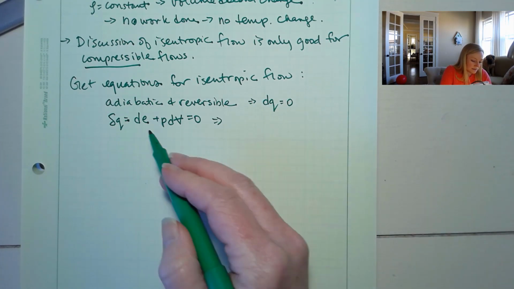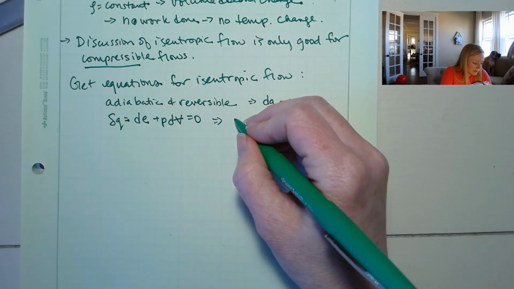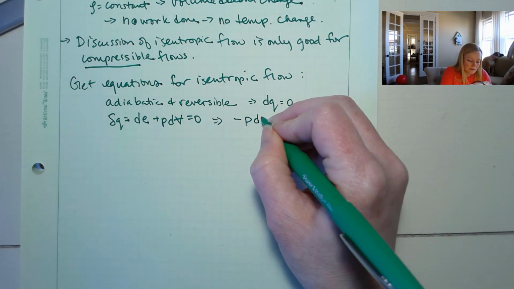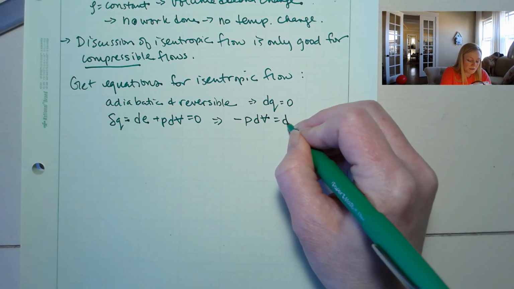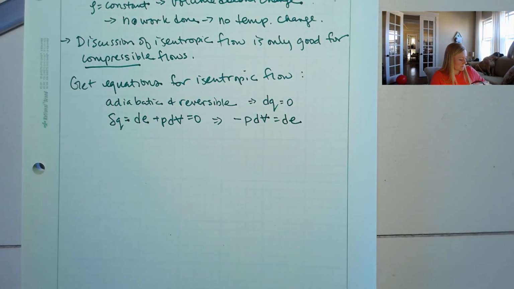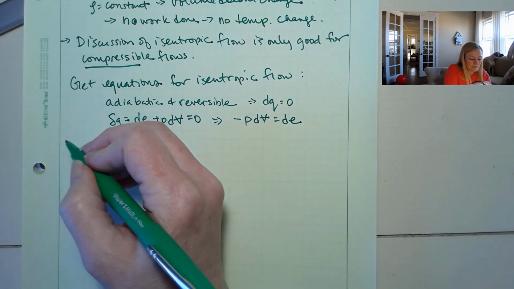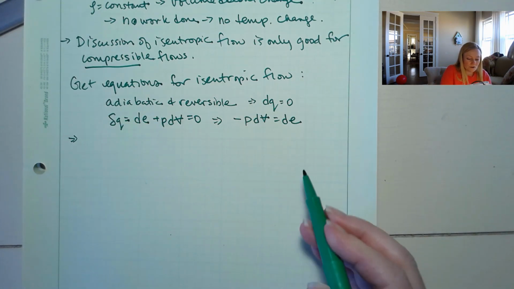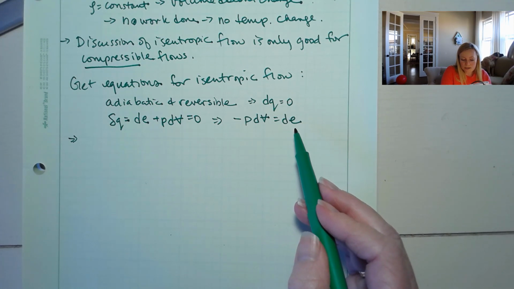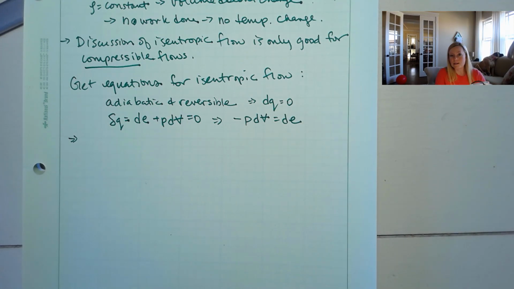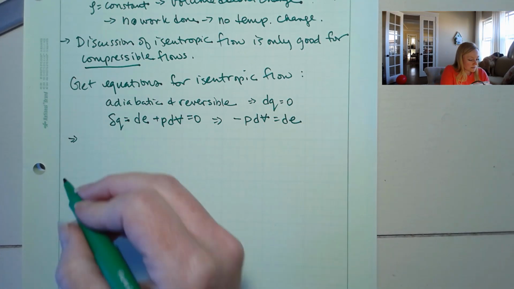So with that, let's move dE over by itself. That's going to give us negative pressure times change in volume equals dE. Now we already have an equation for dE, if y'all remember. We did that last time.